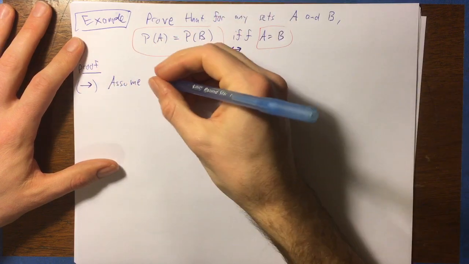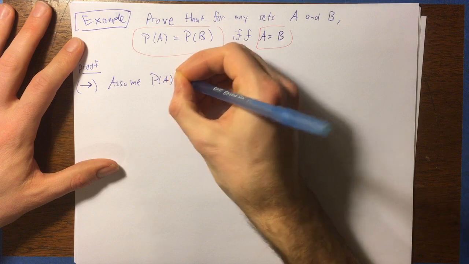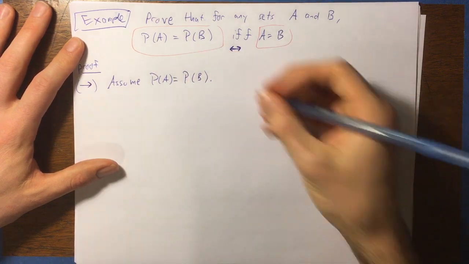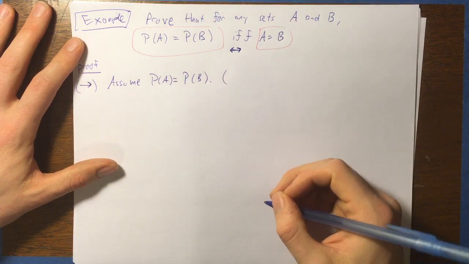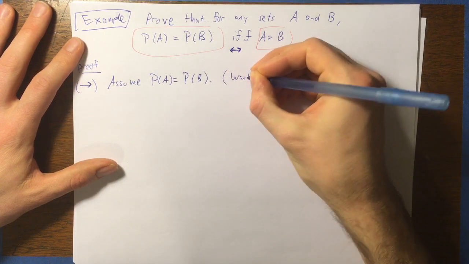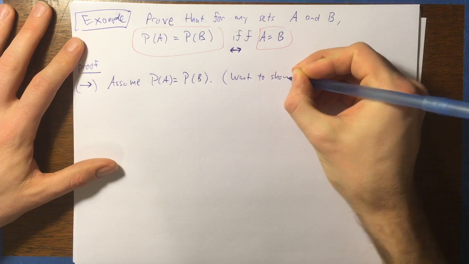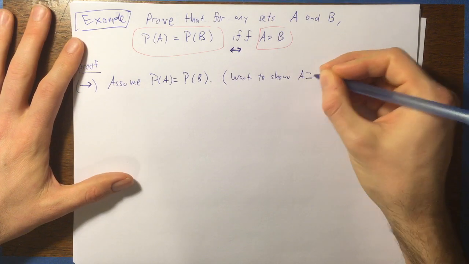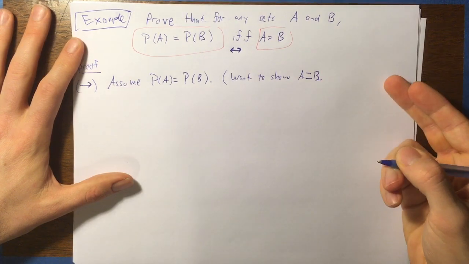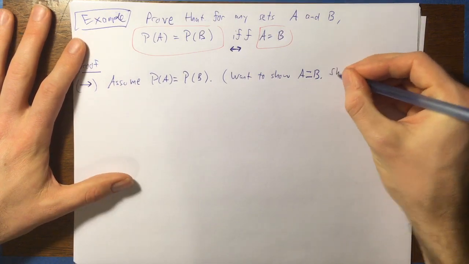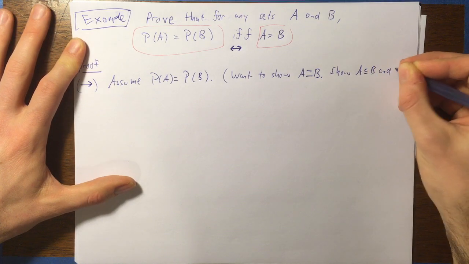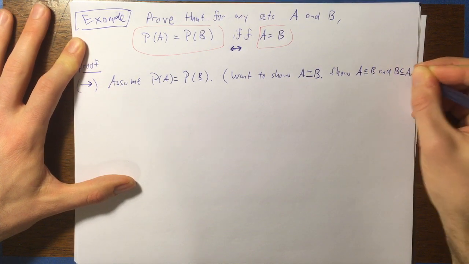For sets A and B, I'm going to assume the power set of A is equal to the power set of B. Now, what we want to do here, I'm just going to parenthetically say, we want to show that A equals B. So in order to do this, what we want to do is show A is a subset of B and B is a subset of A.